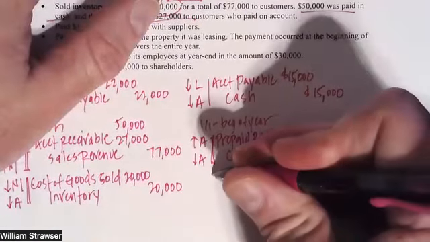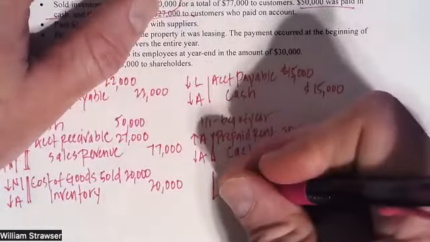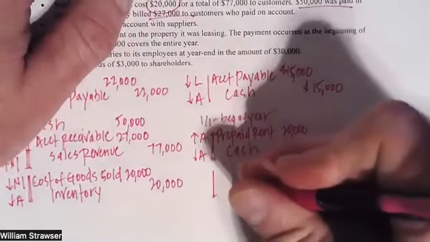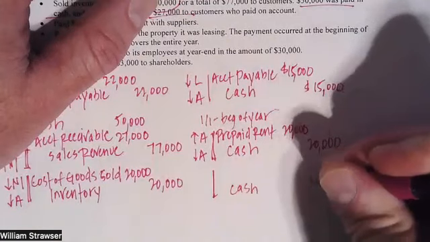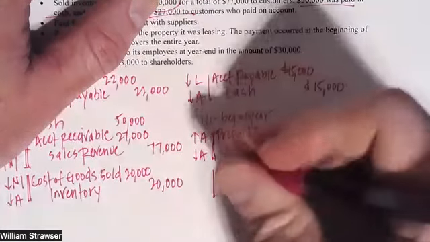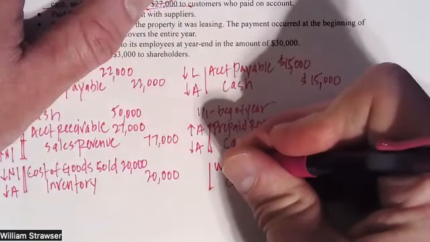But they've provided these services for me over the years. So in this case, the services are already provided by my employees. I am paying them cash. And then we would debit wage expense.